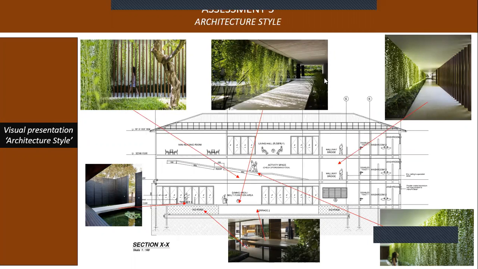You can imagine my design here, where I provide the louvers and the plantation, which is the planter box in the middle, and this one is the hallway for the elderly. So this is my style to bring to my building.